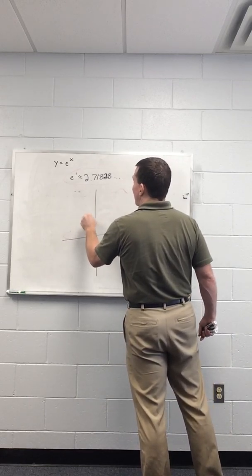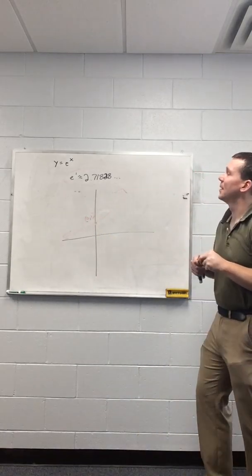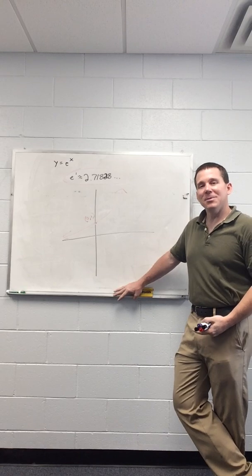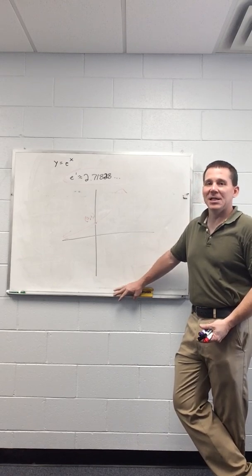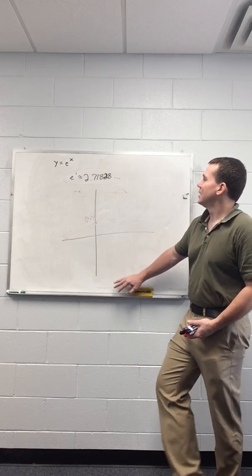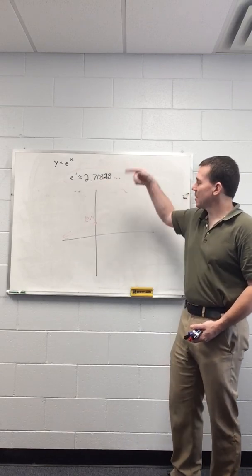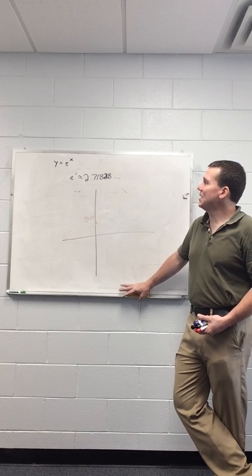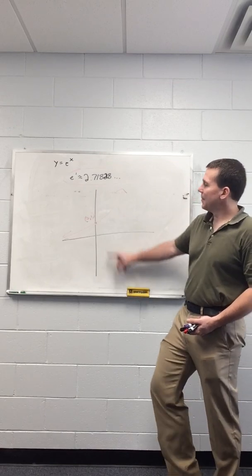Still has to go through (0, 1) because it's an exponential. But other than that, while it may seem new and a little bit strange, all we really care about is it's an exponential, its base is bigger than 1, I know the graph, and I'm good to go. I can do all my transformations on the graph of e to the x because I know what the basic graph looks like.